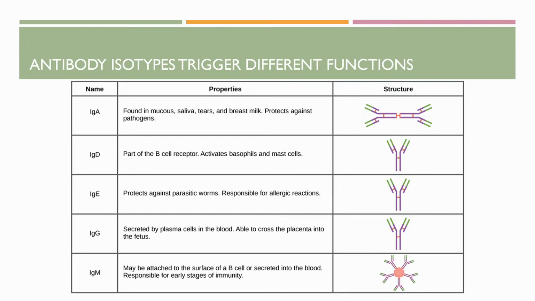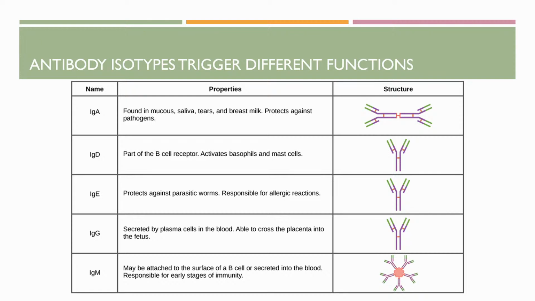IgG is secreted by plasma cells in the blood, and it's important in fetal development because it's able to cross the placenta from the mom, and that's how the mom gives the fetus antibodies before they're even born. It's through this IgG. And then IgM can be attached to the surface of the B cell or secreted in the blood, and it's also responsible for early stages of immunity.